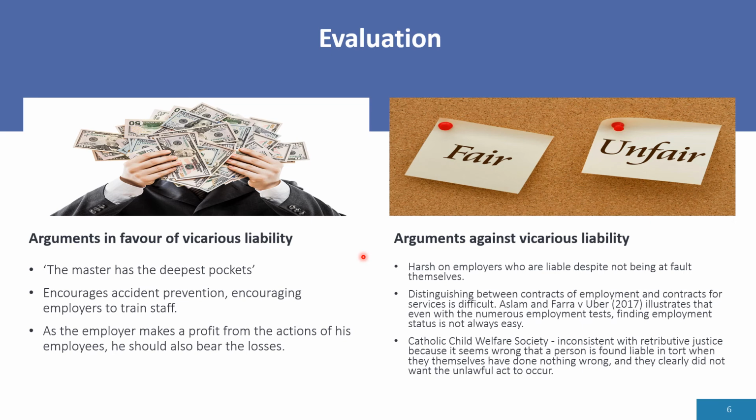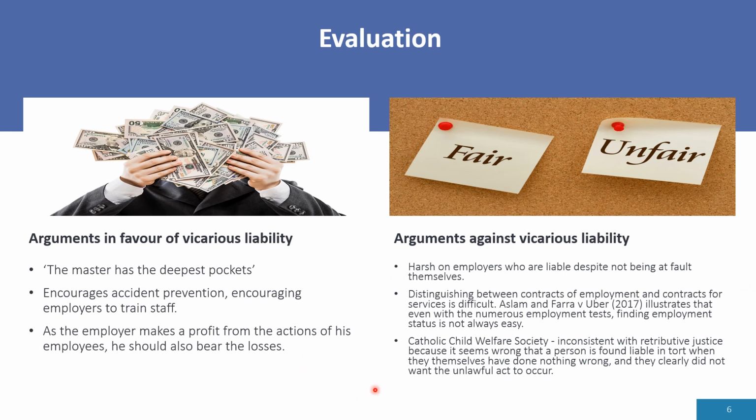We could also say that distinguishing between contracts of employment and contracts for services is difficult, and you could use the Farah and Uber case that you may have seen in my previous video on vicarious liability. The fact that it's difficult to distinguish between these different types of contract might mean that employers don't even necessarily know where they stand in the eyes of the law, whether they will be held to be employers or not for the purposes of this tort.